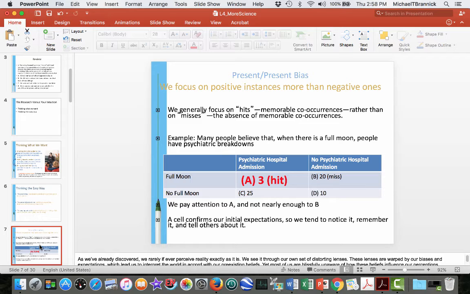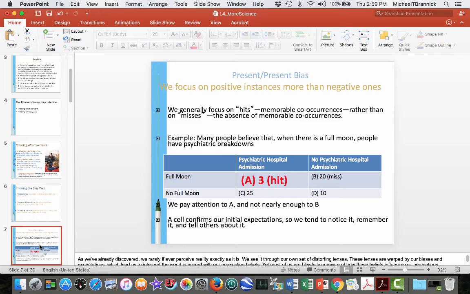And that is easy to remember. So that's present, present. The moon is full, the person has a psychiatric breakdown. But it's harder to remember when the moon is not full and people are having these breakdowns. Those are the misses, because the moon not being full is not so memorable as the moon being full.